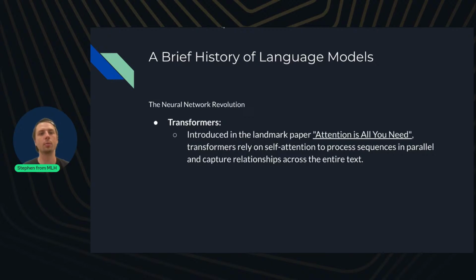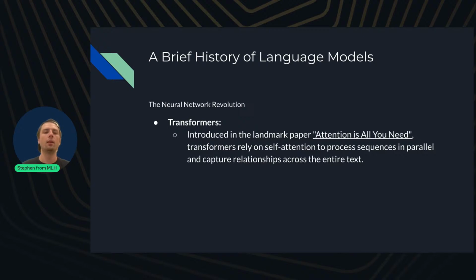And that's where the transformers come in. And that's introduced in a landmark paper, "Attention Is All You Need." This is what really introduced the transformers to the community of natural language processing and large language model researchers. And transformers rely on self-attention to process sequences in parallel and capture relationships across the entire set.